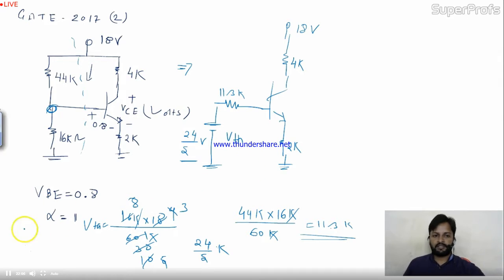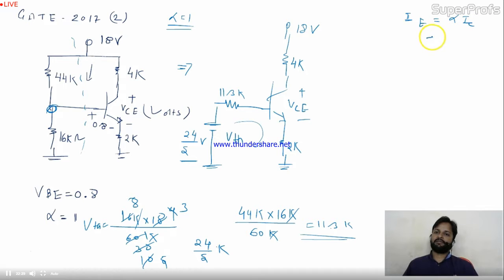Now we have to calculate VCE. I can apply the input mesh over here to get the current IE, and once I get IE, I'll get IC. Remember, alpha is given as 1. Alpha is the relation between IE and IC, so alpha is 1 means IE is equal to IC.